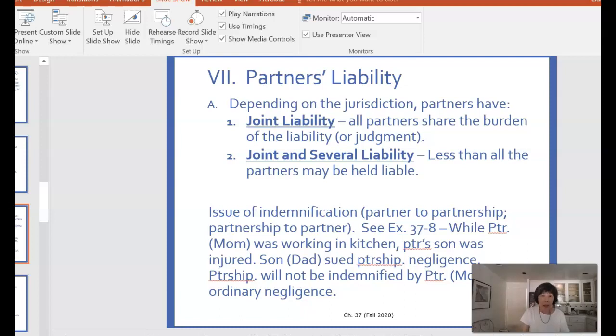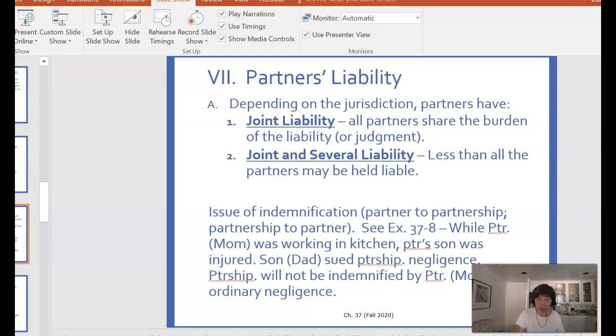What actually happened when it went to court is the court ruled that the partnership was the entity that had to pay, and they could not look to the plaintiff's mother, their own partner, for indemnification because this conduct took place in the ordinary course of the partnership's business. But you understand what they were looking for, right?